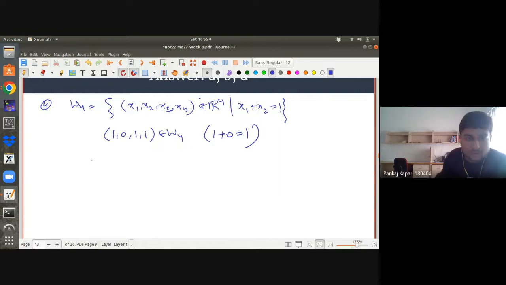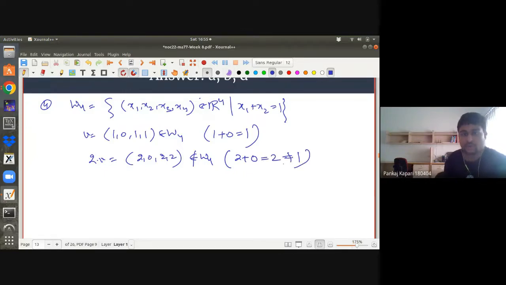We just multiply it by 2. This is our V. So what is 2 times V? It will become 2 comma 0 comma 2 comma 2, and this cannot belong to W4, because the sum of the first two entries is 2, which is not equal to 1.